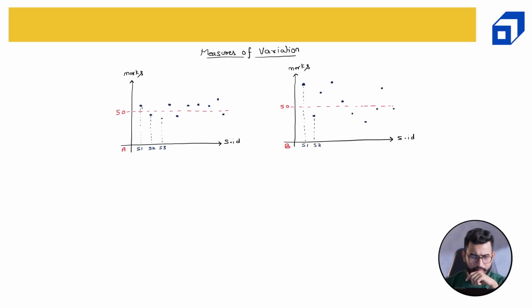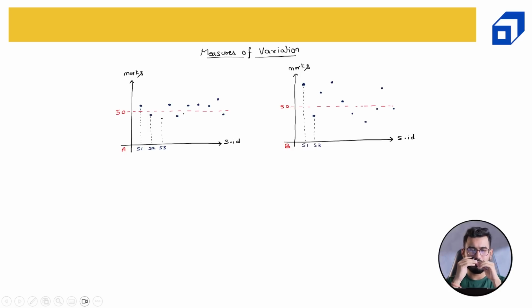Here also we have 10 students. So in both A and B we have 10 students, but for subject A you can see that all the students have scored marks which are very close to the average.